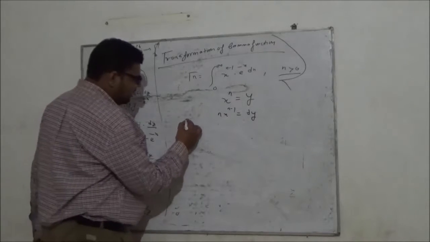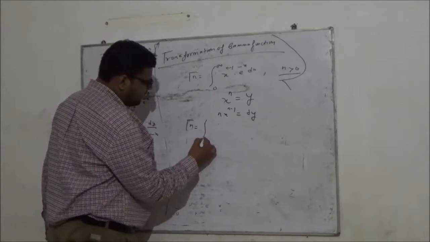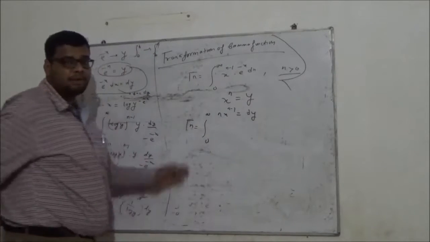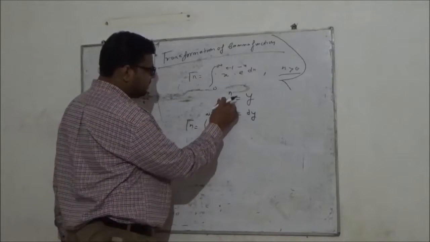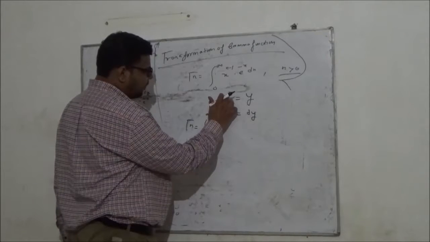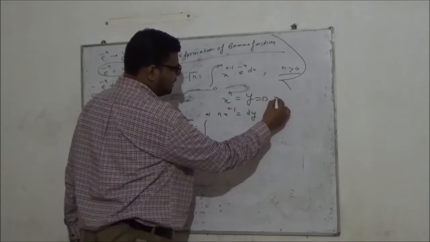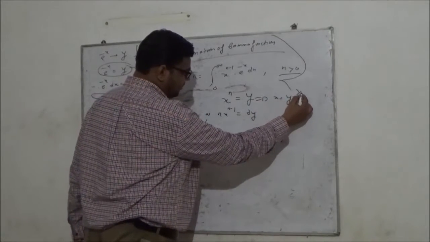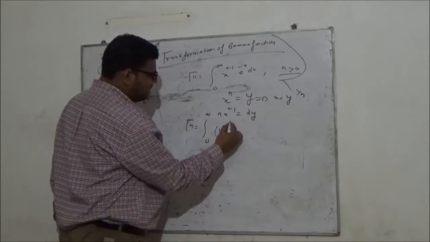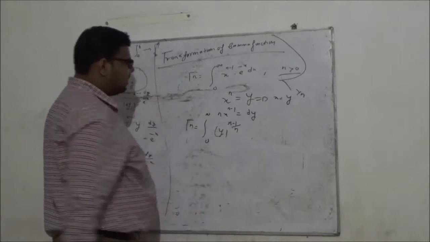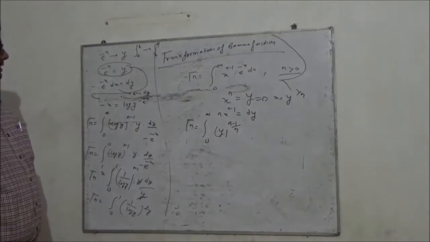So it will become gamma n is equal to integration from 0 to infinity. There will be no effect on the upper and lower limits. So what will become here? The value of x^n is equal to y. Then the value of x will become y power 1 by n. So it will become y^(n-1)/n and e power minus x.